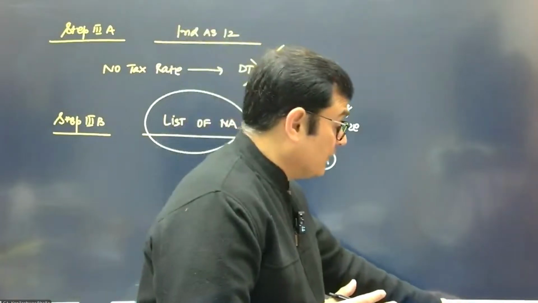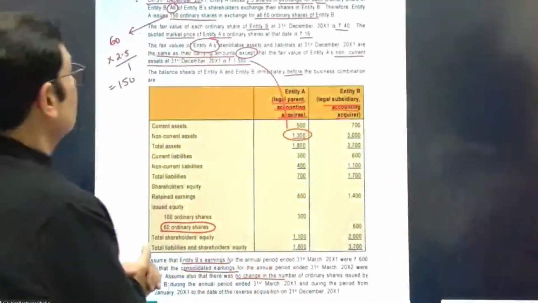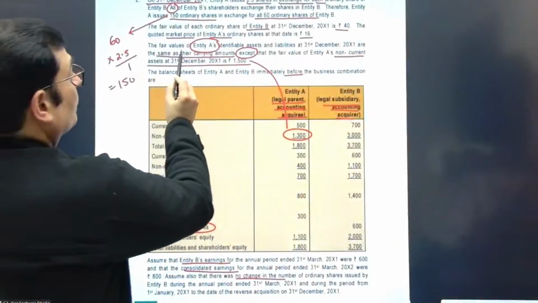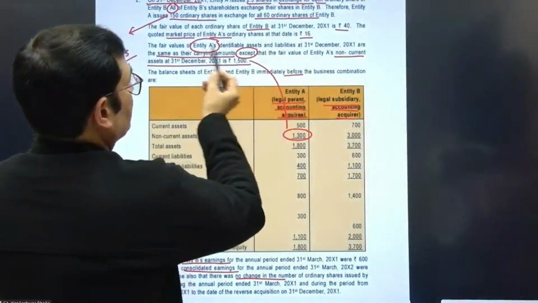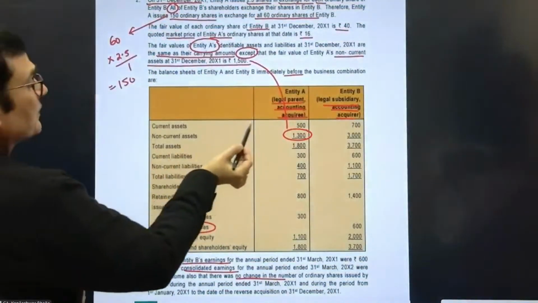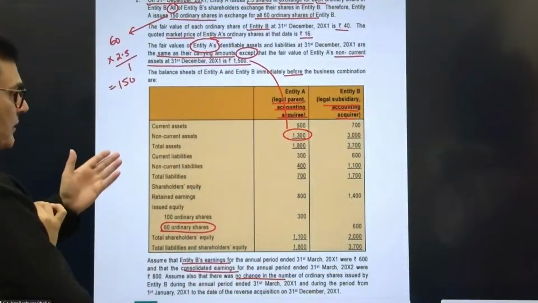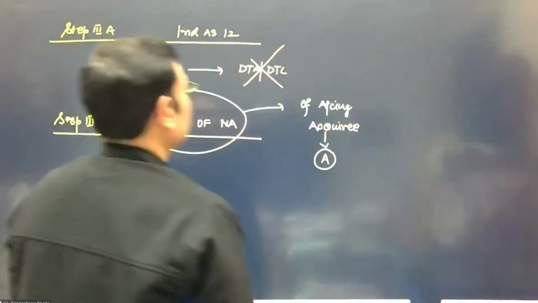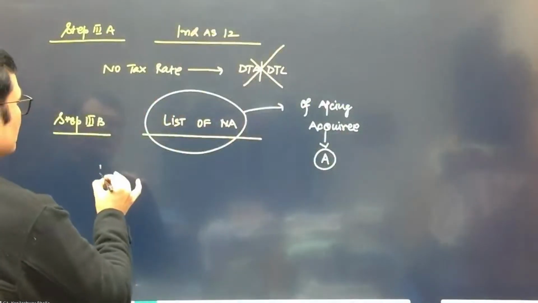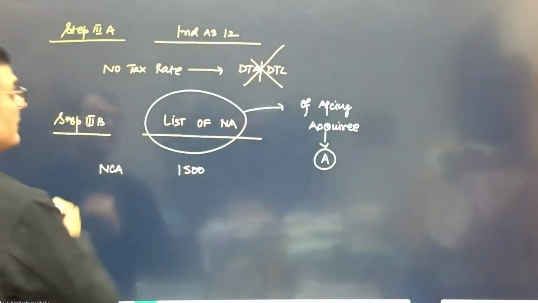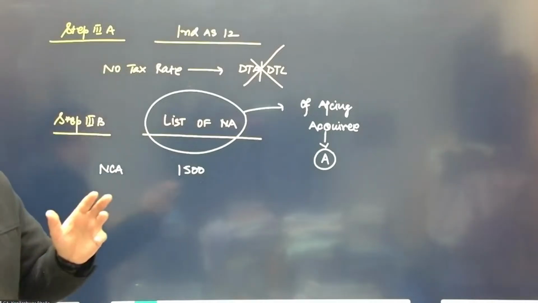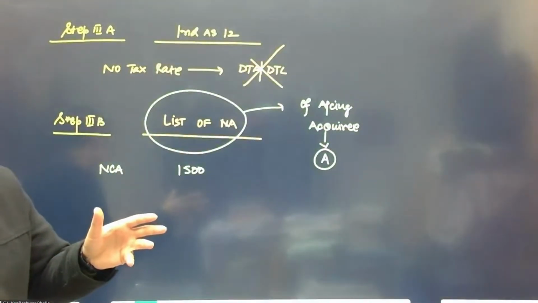And he's very clearly told us at the very start itself that all the fair values of the assets are equal to the carrying amount except the non-current assets, which is appearing at 1500. So let's copy the elements from the balance sheet. NCA is 1500. So we've got non-current assets 1500. And let's take the other items as well. If you can give me what are the other items in the balance sheet.